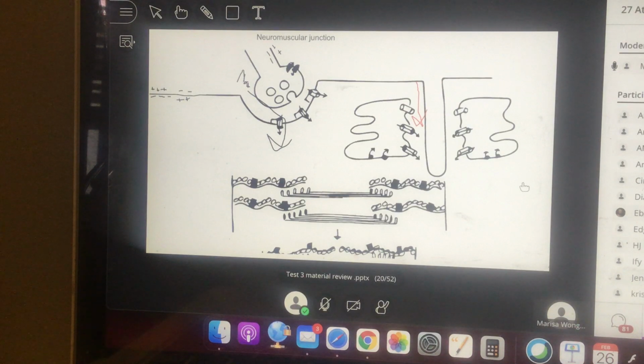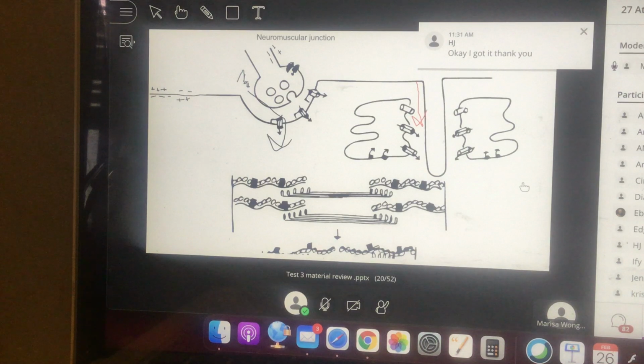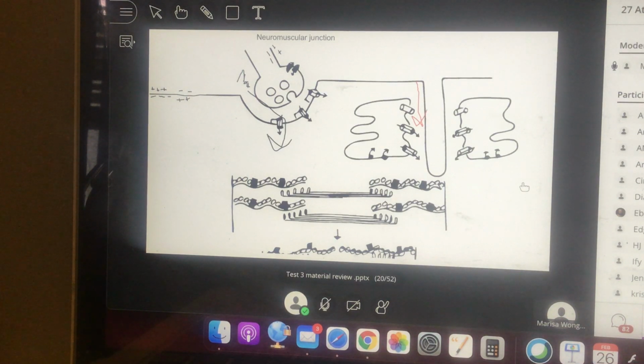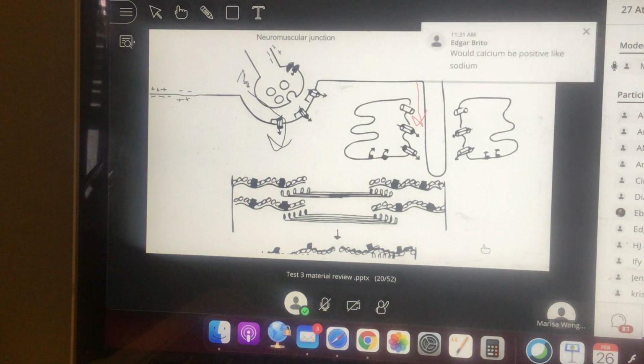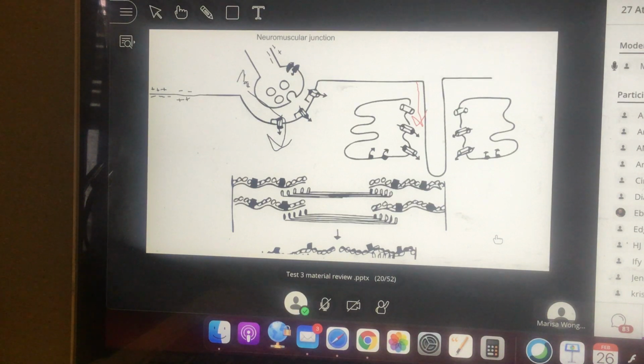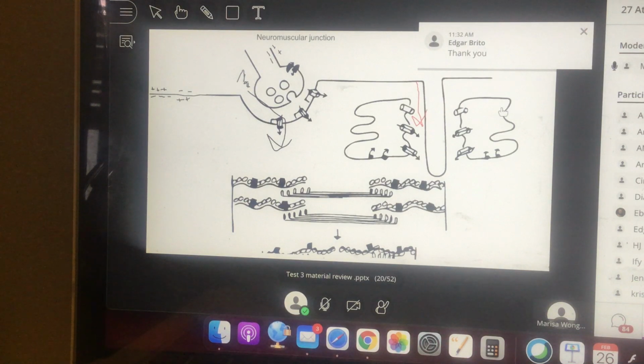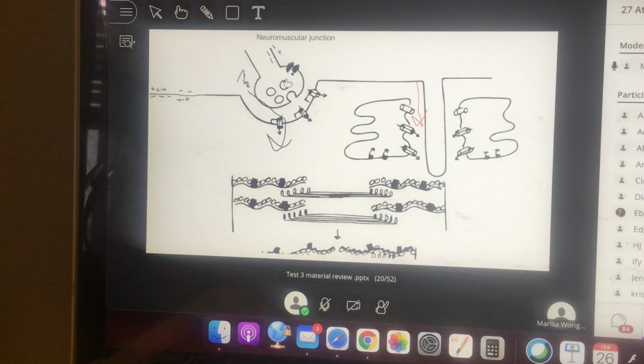Other questions about this while we're here? Calcium is also positive. Yeah, you're right. But the calcium entering here is separate from the action potential. Yeah, it does get kind of confusing. I wouldn't think too much about it, to keep your brain from exploding.